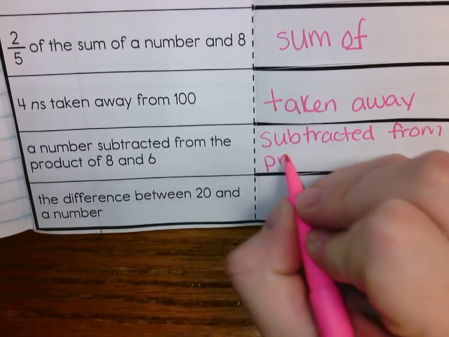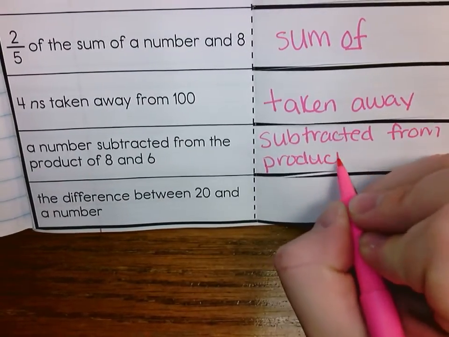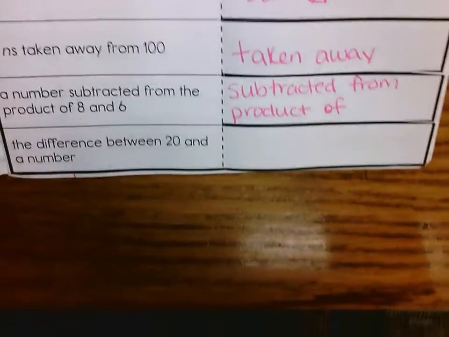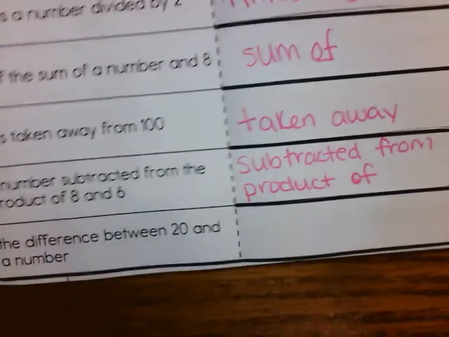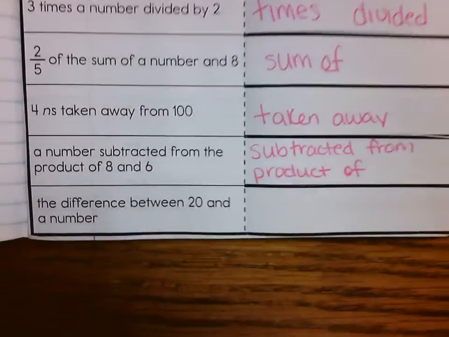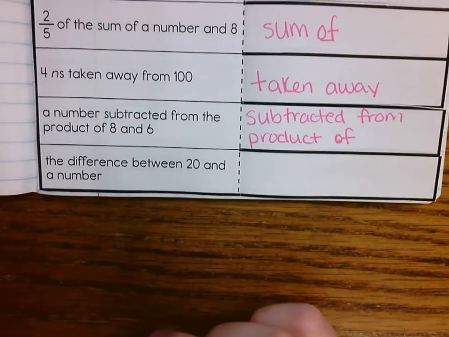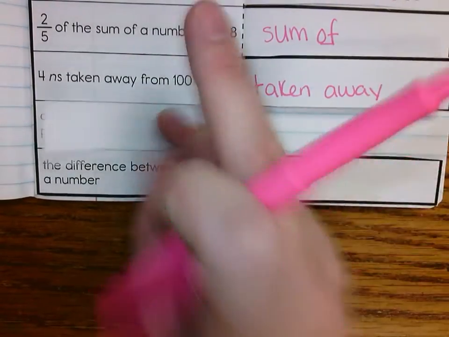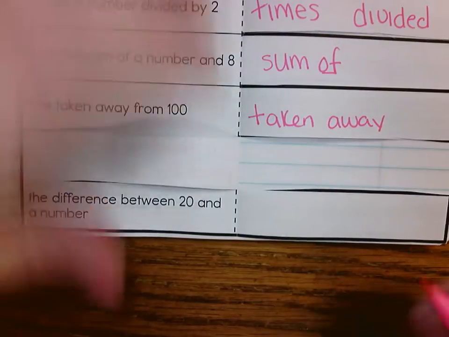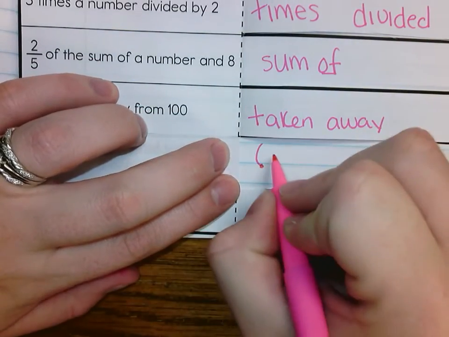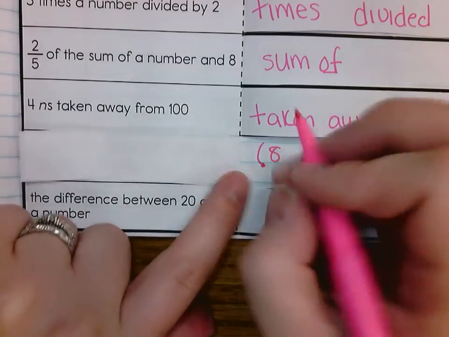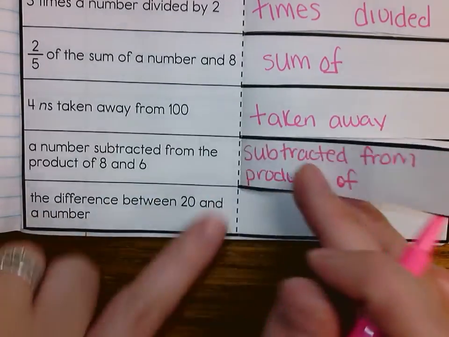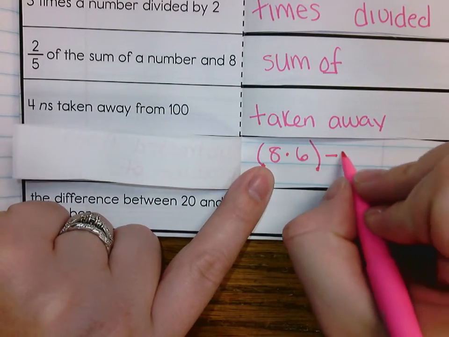And then I've got the words product of, hang on, let me fix my camera here. The product of, which tells me I'm dealing with parentheses. So I'm going to start with the product of 8 and 6. And then subtracted from a number.